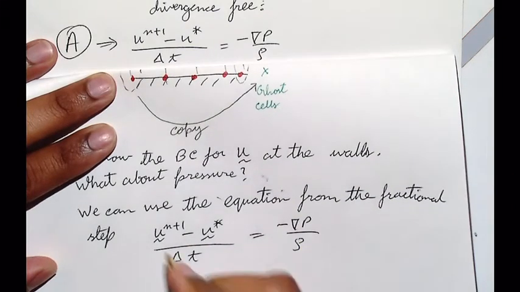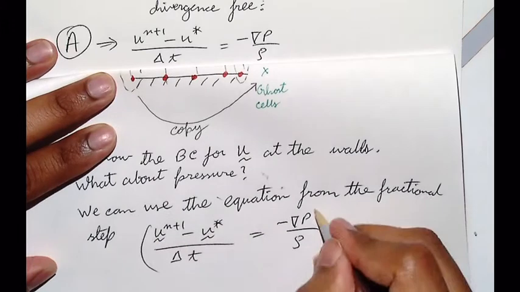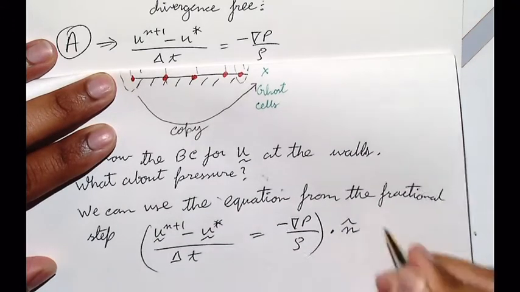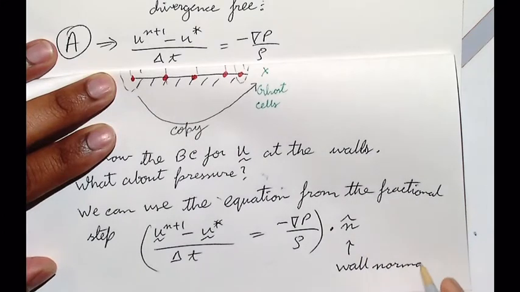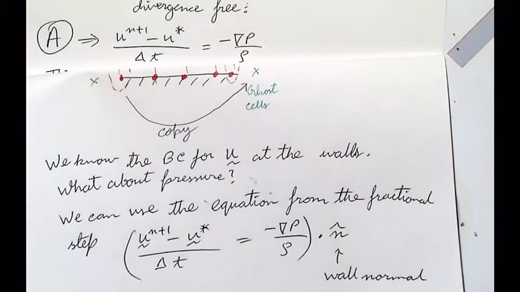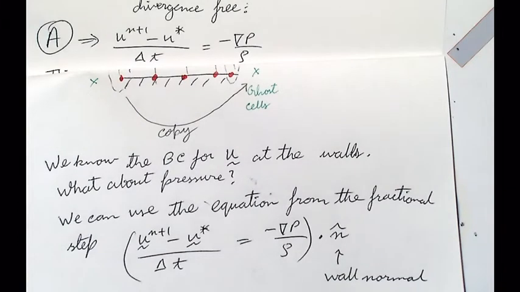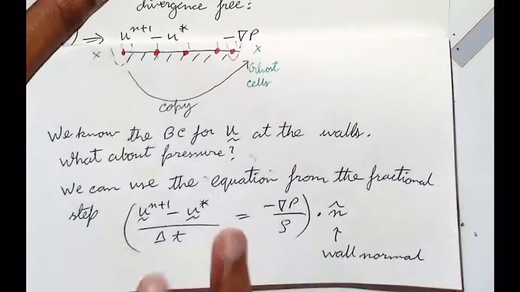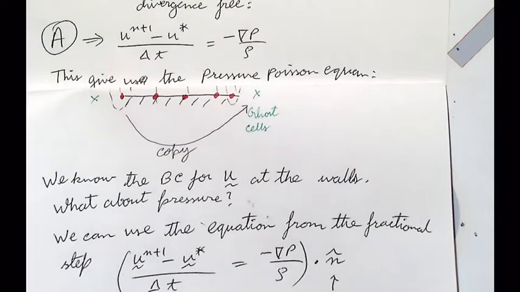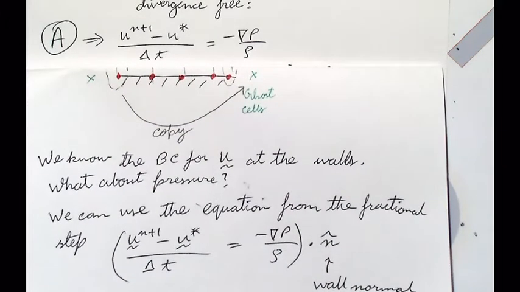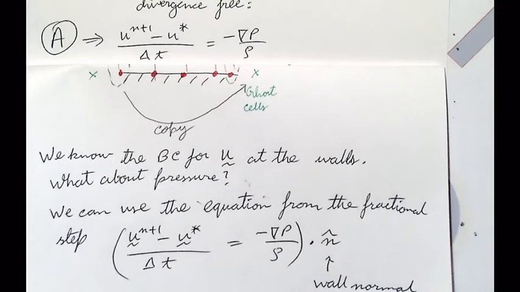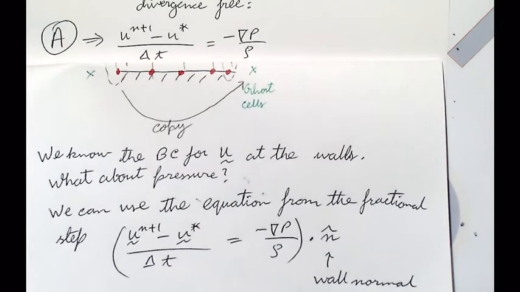And we dot it with the wall normal, so n would be the wall normal. You can even do it along the tangent, but wall normal is slightly easier. Sometimes I write a little too fast, so tell me if you miss something.